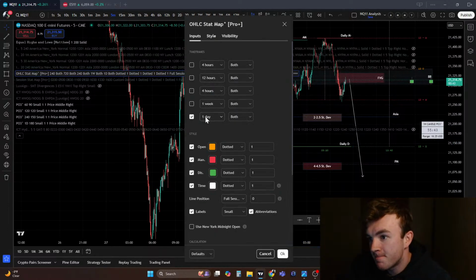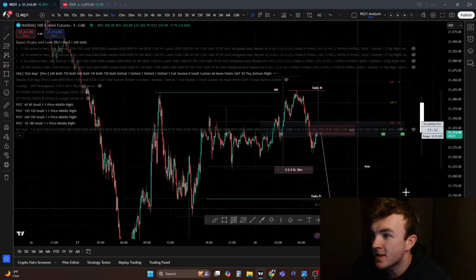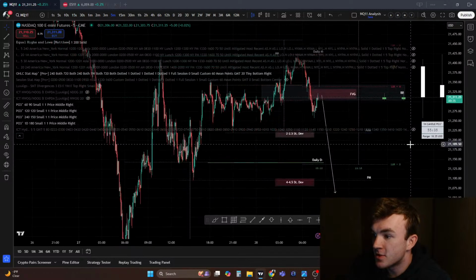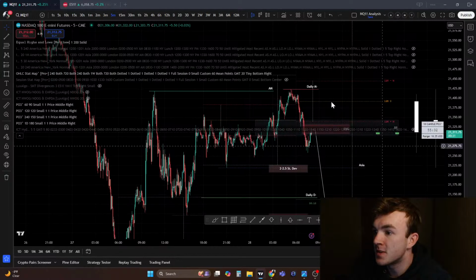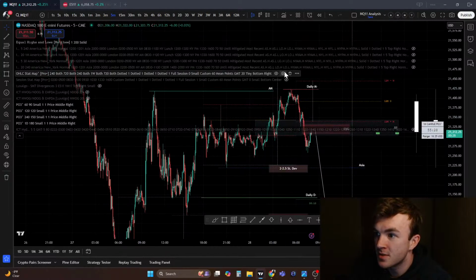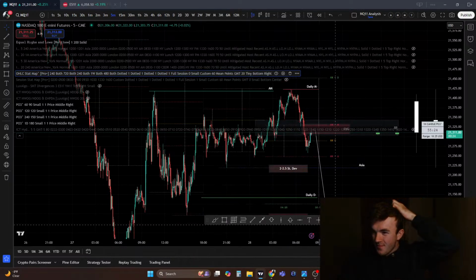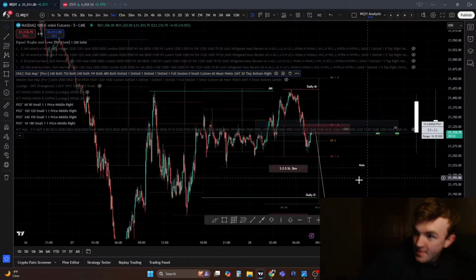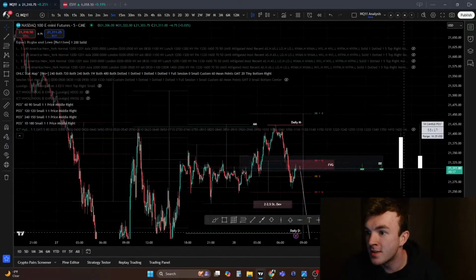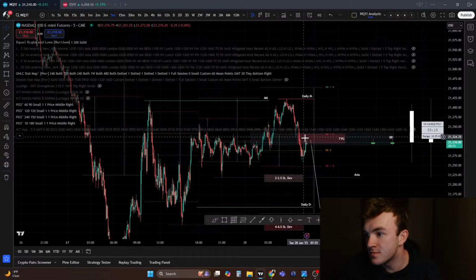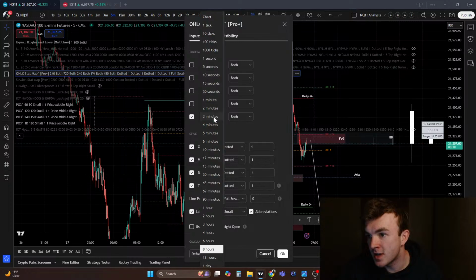And then let's check out 12-hour StatMap. Let's see what that looks like. Similar situation. We got the 12-hour one below. We didn't quite go to the 12-hour manipulation. Let's check 8-hour. 8-hour StatMap also puts us down there. Maybe we'll tap into this 6-hour one.